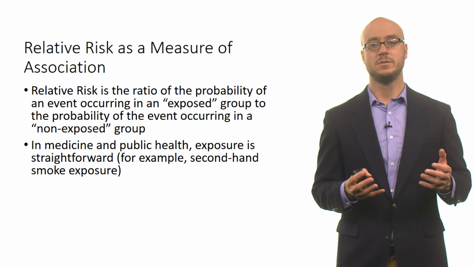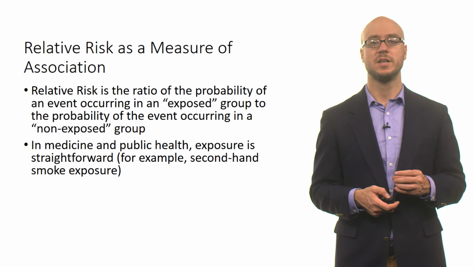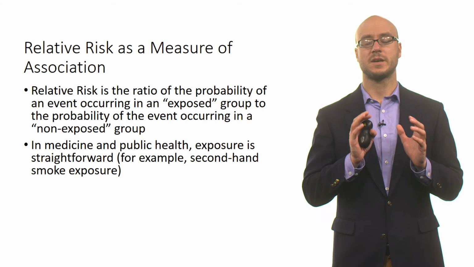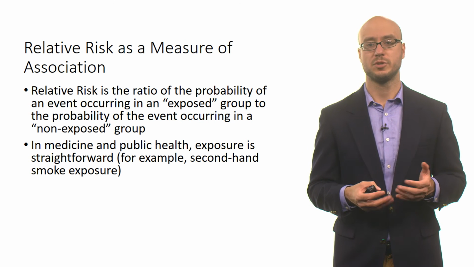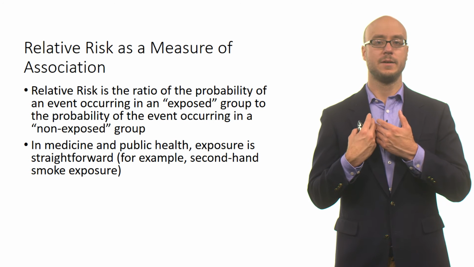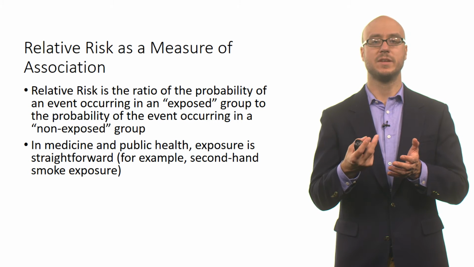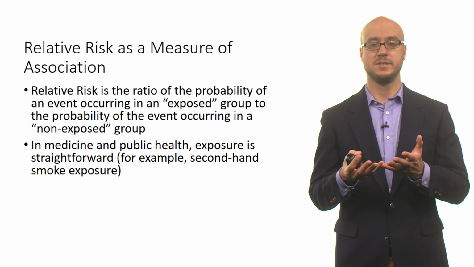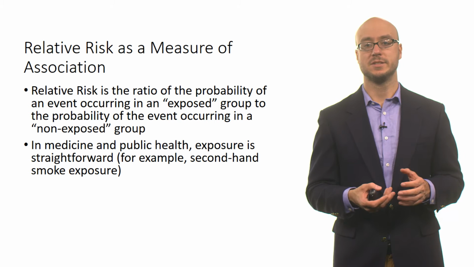Again, this is widely used in various fields like public health, psychology, sociology. In some fields, the concept of exposure is straightforward. So you might say secondhand smoke exposure. Another form of exposure might be having someone in your social network who has a disease. That increases your likelihood of actually catching that disease.